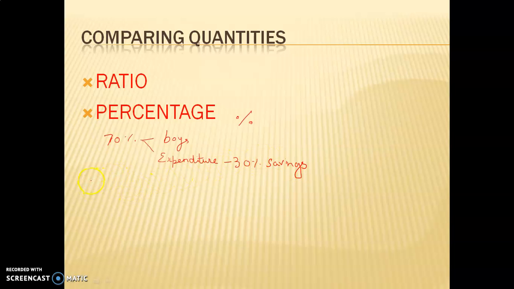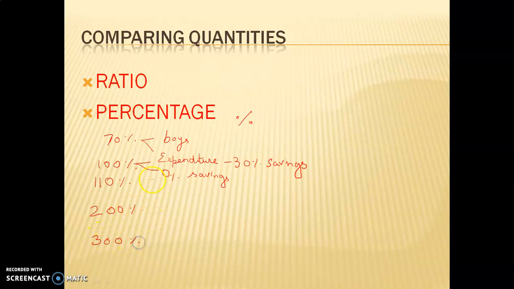Is it possible for me to have 110%? If it is 100%, yes, I can spend the whole thing for expenditure, whereas 0% is savings. Is it possible to talk about 110% or 200% or 300%?